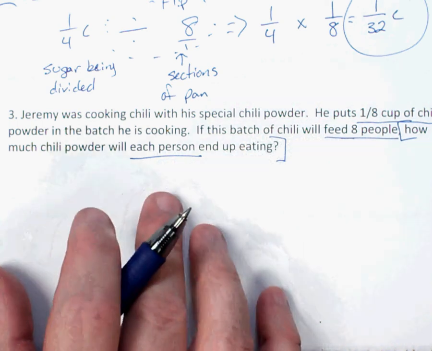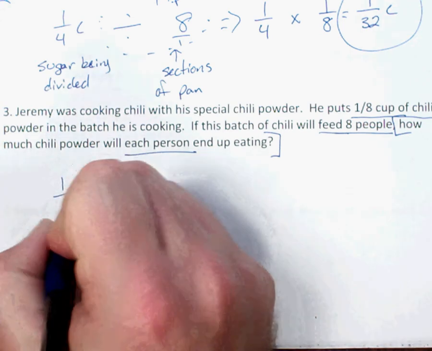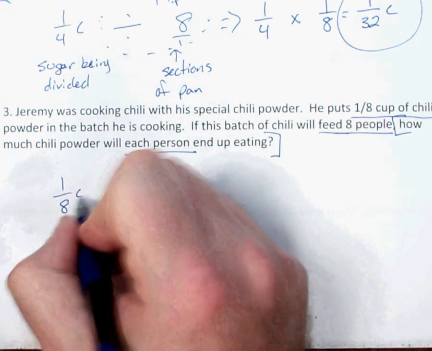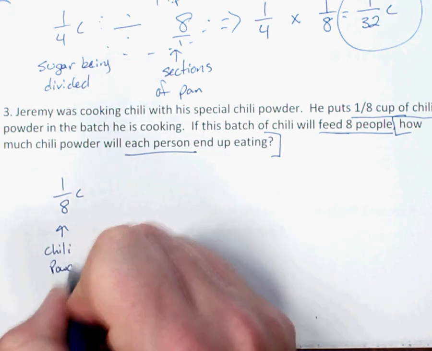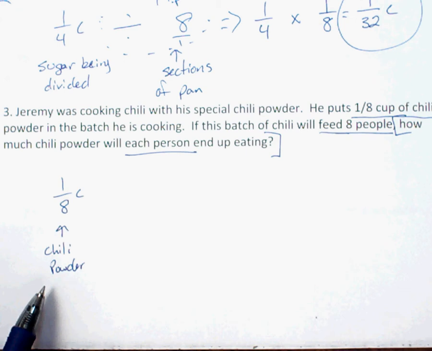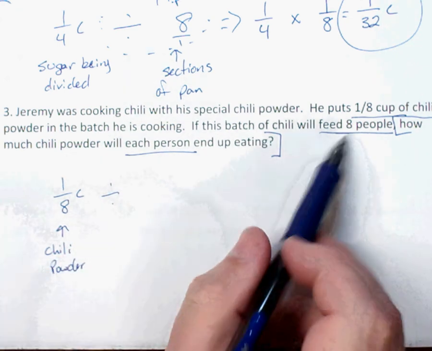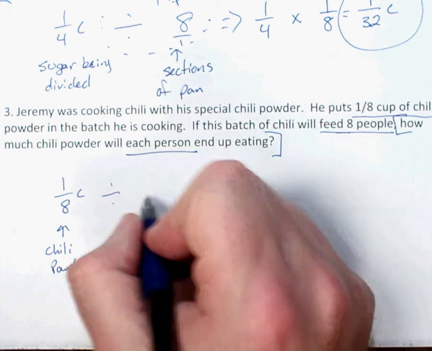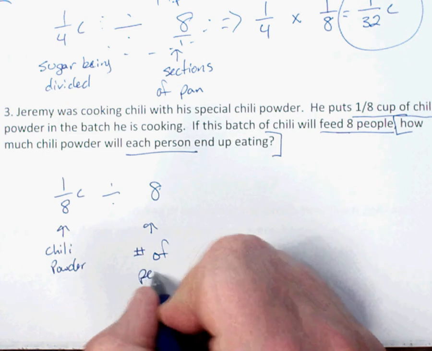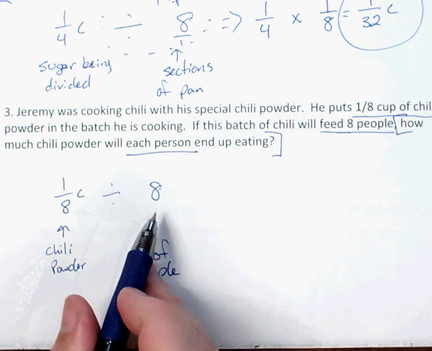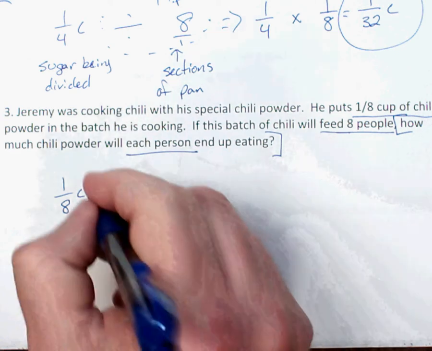All right, so this one is similar to the last one in that we're starting out with a fraction, because this is 1/8 cup of chili powder. That's what's being divided up. So that's my first number, and then I'm going to divide it. I need to feed 8 people, so I'm going to divide by 8. The 8 is my number of people. This is how it's being divided. So once again, I have to flip.